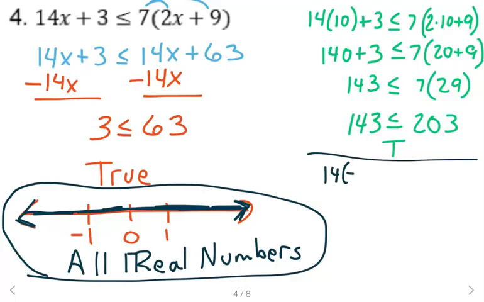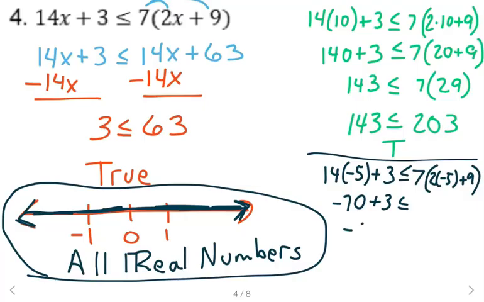So 14 times negative 5 plus 3 less than or equal to 7 times 2 times negative 5 plus 9. All right, using order of operations, 14 times negative 5 is negative 70.